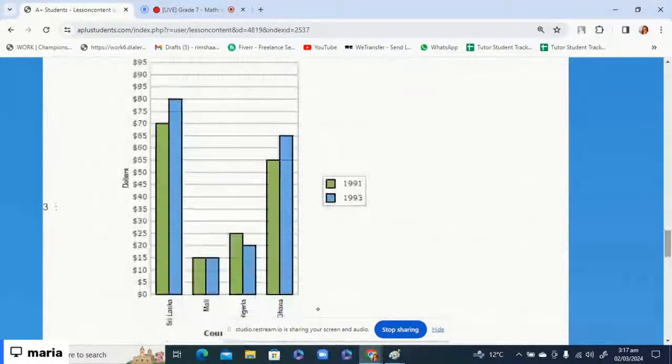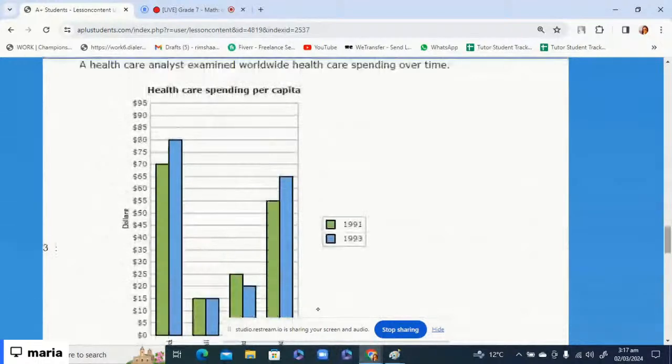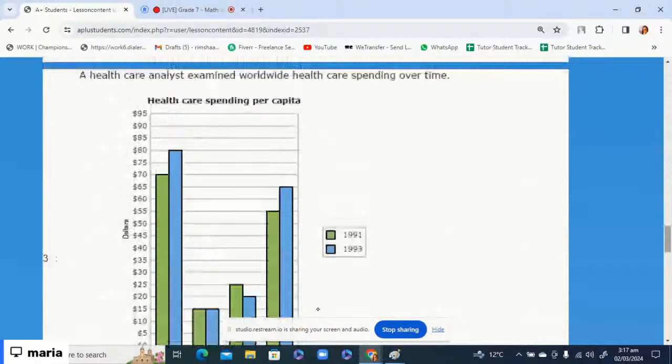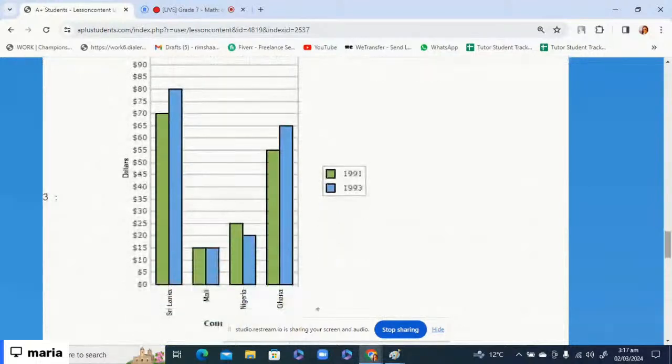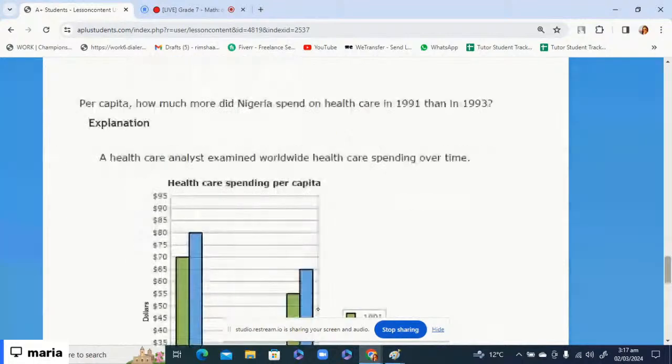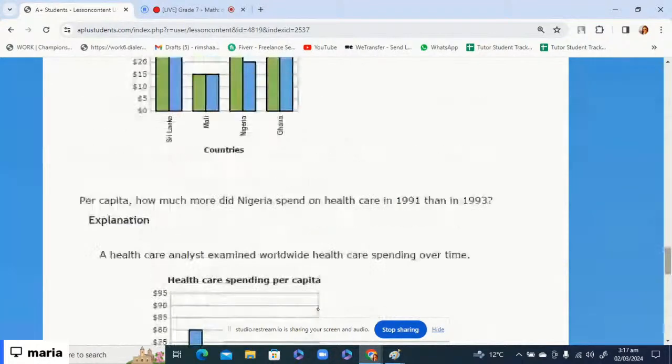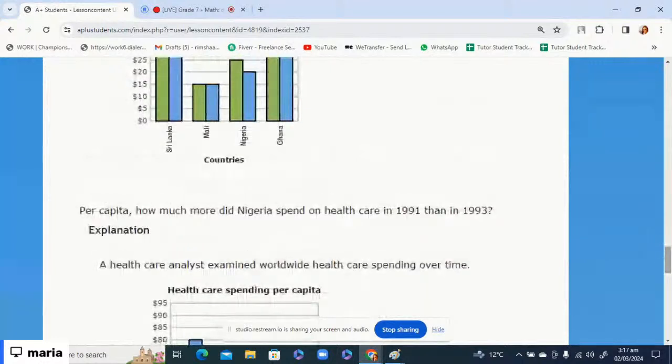And here the dollars are given. 1991 is represented by the green color and blue represents 1993. So we check per capita how much more Nigeria spent on healthcare in 1991 than in 1993. First, we see Nigeria 1991.